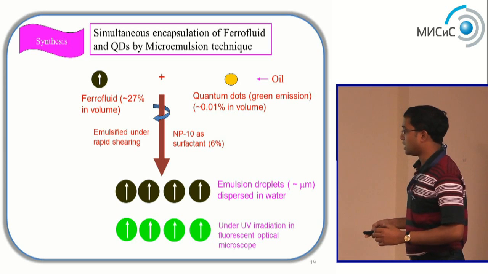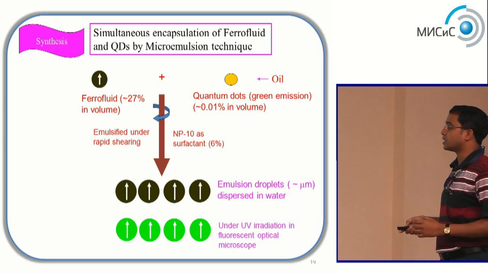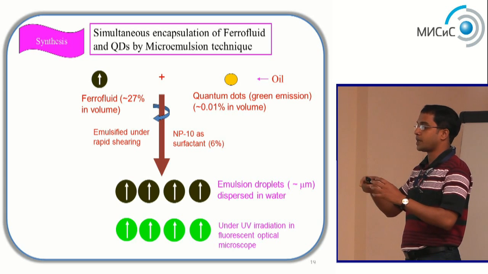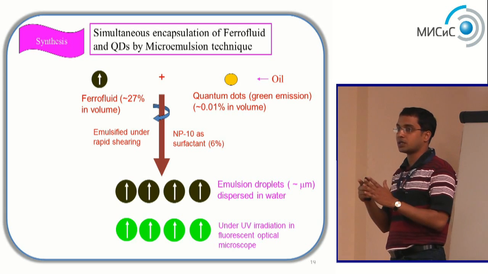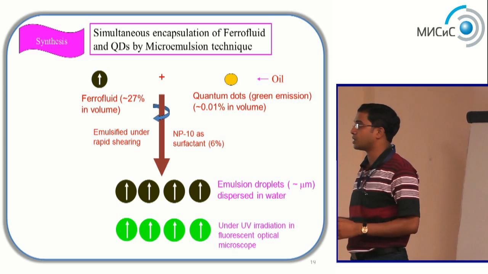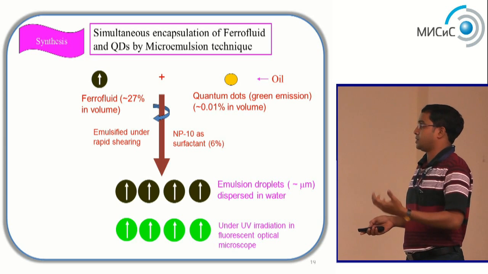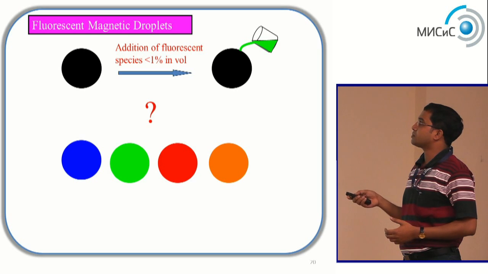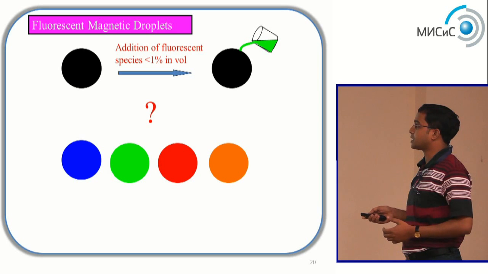We see that under UV radiation, it can show a wide spectral range, and it has quite good capability to interact with biological species. With the addition of fluorescent species at less than 1% volume, you can see the spectral range up to this color.